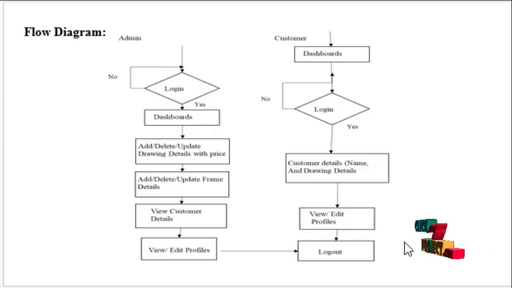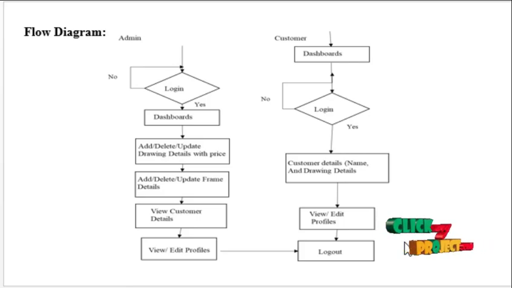Now we are going to discuss the flow diagram. There are two modules in this project. One is admin and another one is customer. First, admin has to add and update drawing details like drawing title, drawing image, dimension, orientation, drawing type and size.